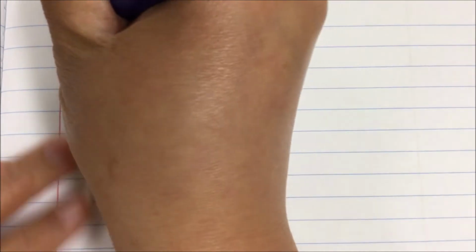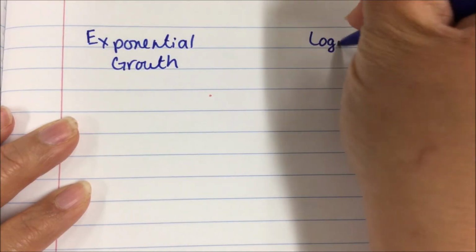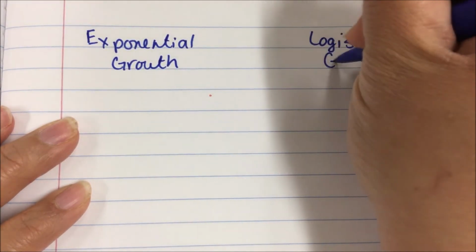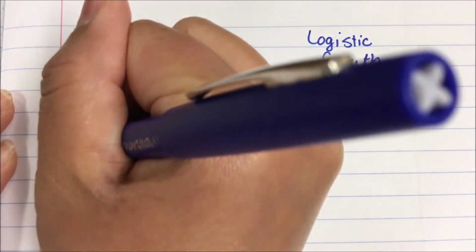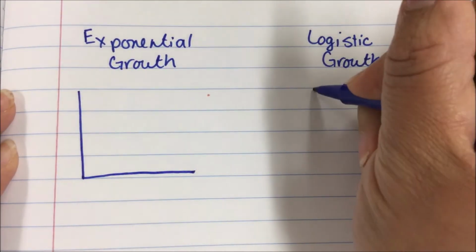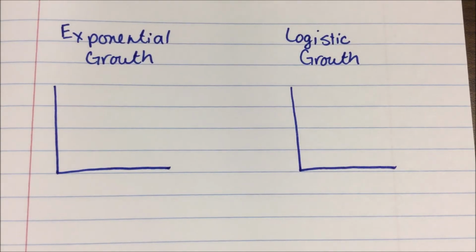With my graphs to describe this, I can have two types of growth: exponential growth or logistic growth. What does that mean? If I draw a little graph here for both of them, my exponential growth is exactly what it sounds like.